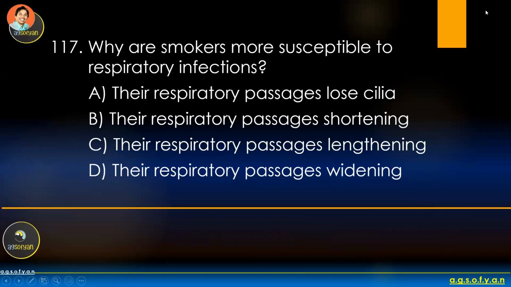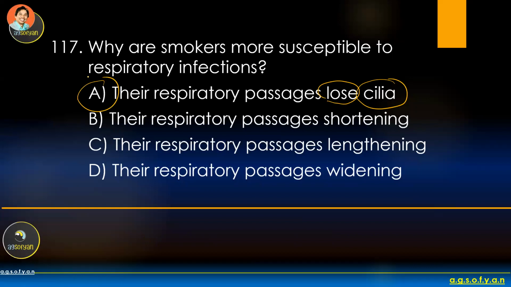Why are smokers more susceptible to respiratory infections? What is the main reason for this? Usually smoke causes the smoker to lose the cilia in their respiratory tract. So when they lose the cilia, more bacteria will enter their lungs or respiratory tract.